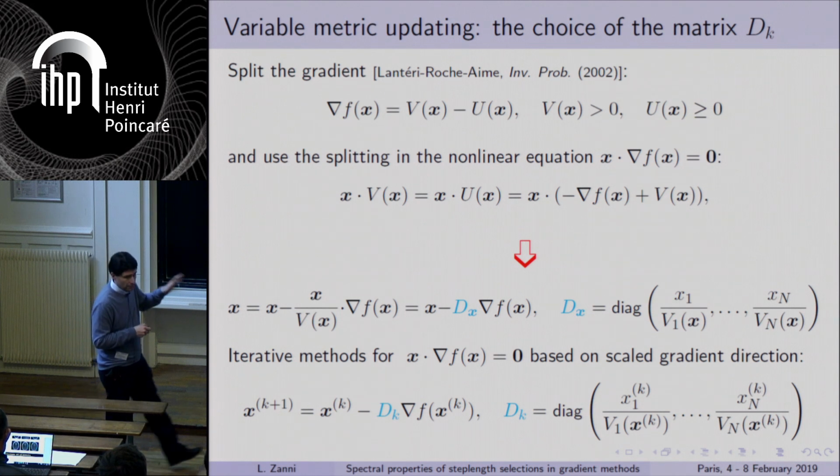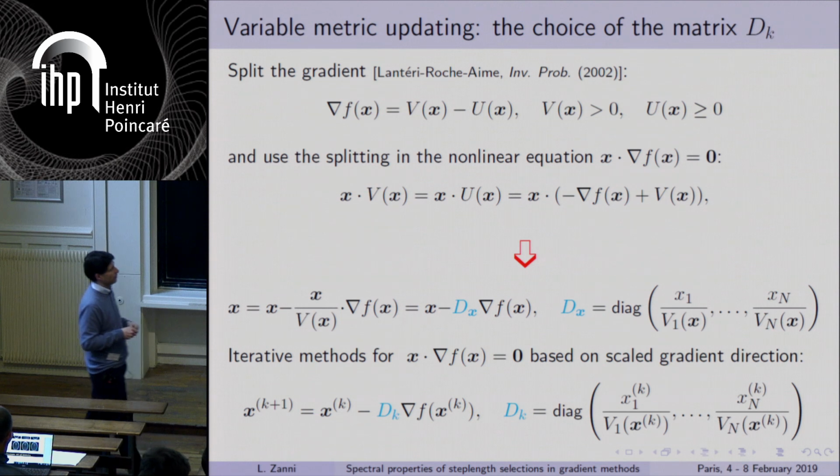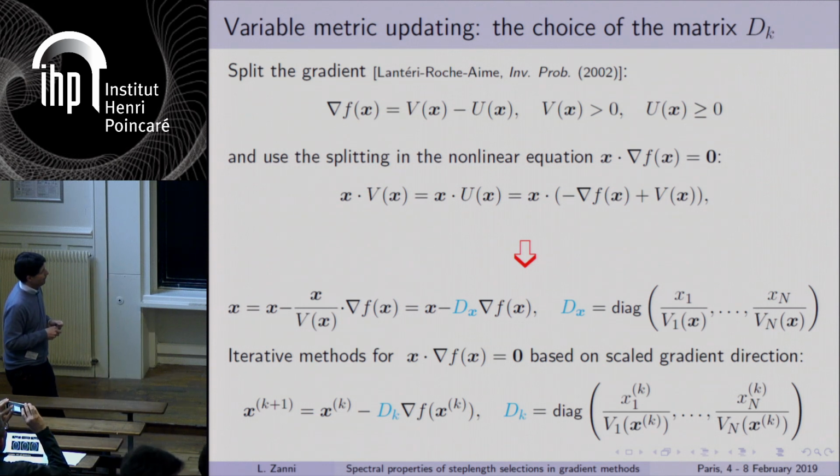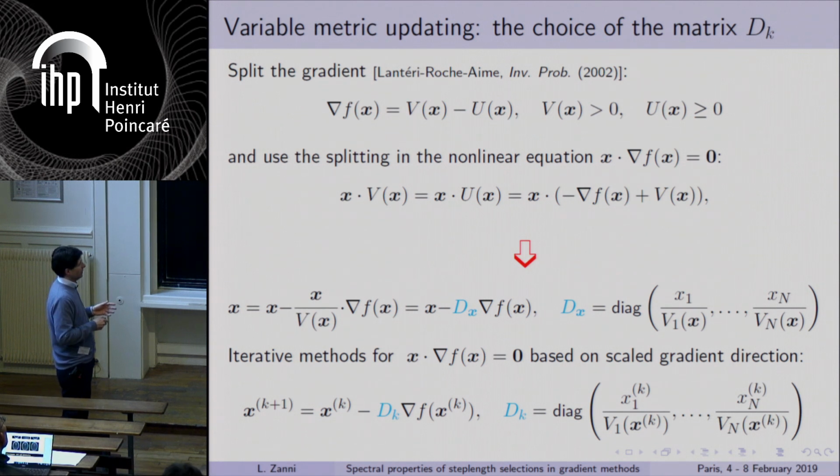This is completely inexpensive since it involves quantities that are already available in the iteration. And if I exploit this kind of scaling within a general gradient projection approach, in some sense I mimic a fixed point iteration on the KKT system. This is the first interpretation of this scaling.